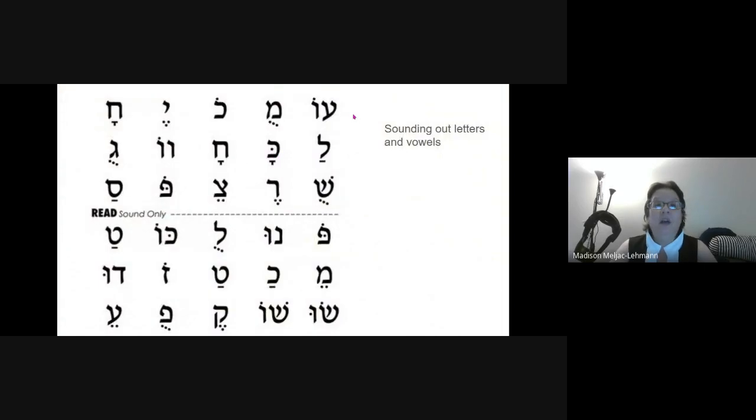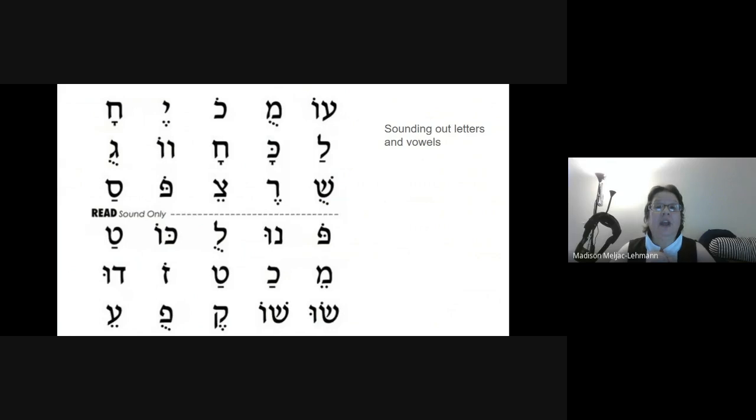Okay. Now let's look at some vowel sounds and some combinations. So we have the ayin, and just jump in if you want to. Remind me, what sound does the ayin make if we were to sound out this word? Does anyone know what sound the ayin would make if we were to sound out this first word?